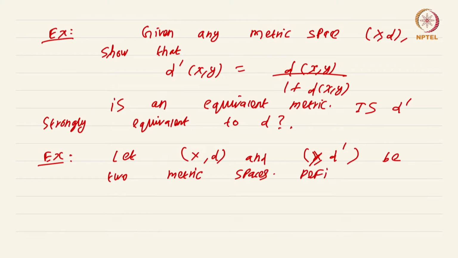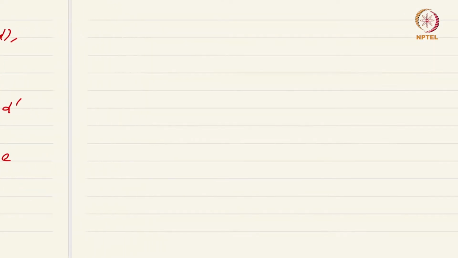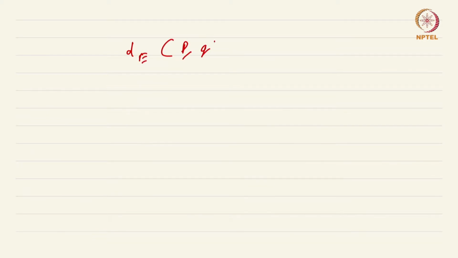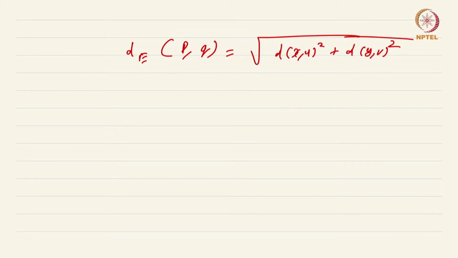Define for p equal to (x, y) and q equal to (u, v) the following: d_E of (p, q) is the square root of d of (x, u) squared plus d prime of (y, v) squared. There was a slight mistake earlier.